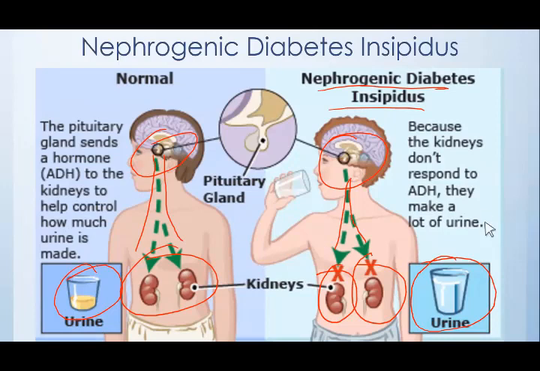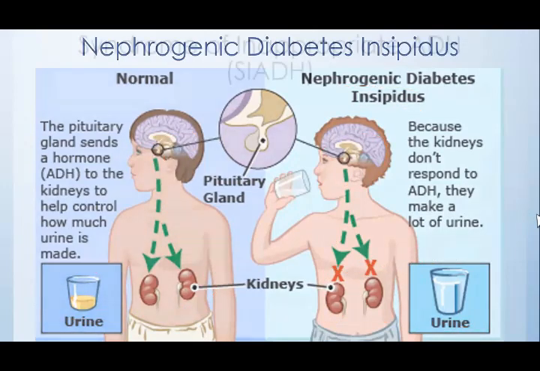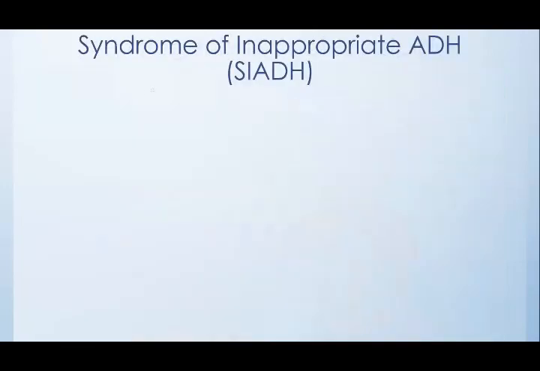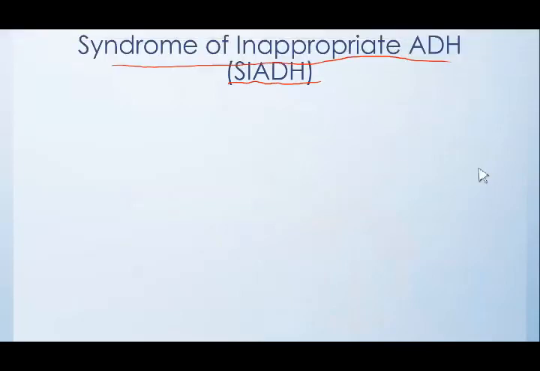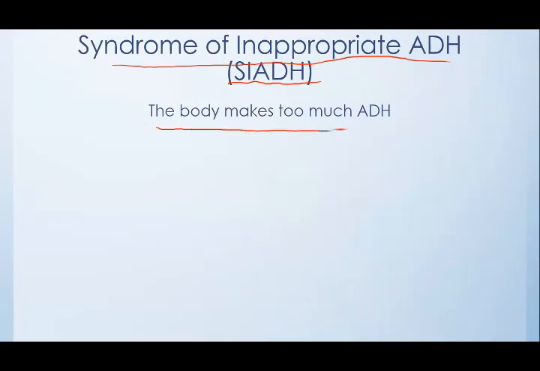So this is it for the diabetes insipidus. Our next topic is syndrome of inappropriate ADH secretion, SIADH. In this, the body makes too much ADH. What was the problem in diabetes insipidus?